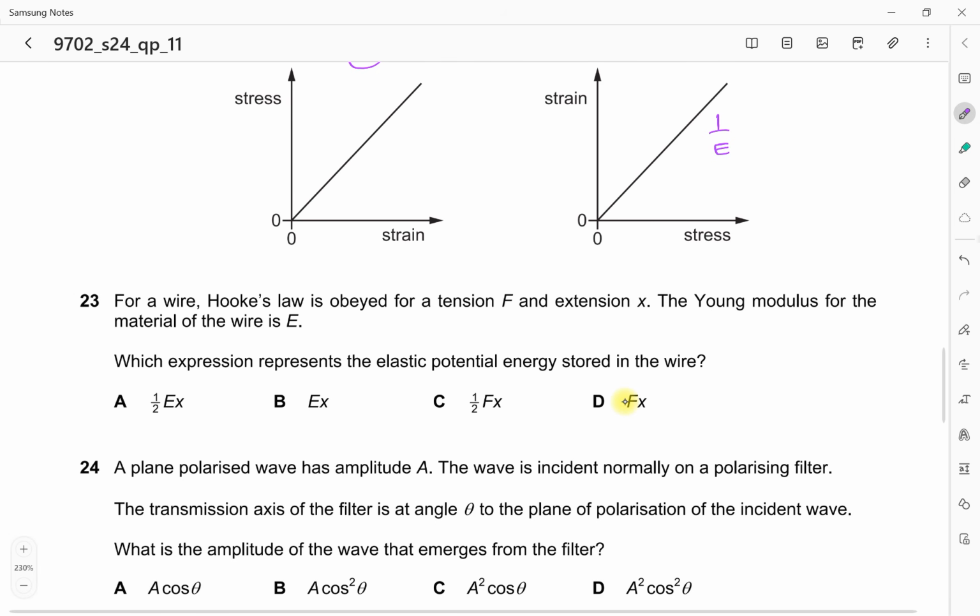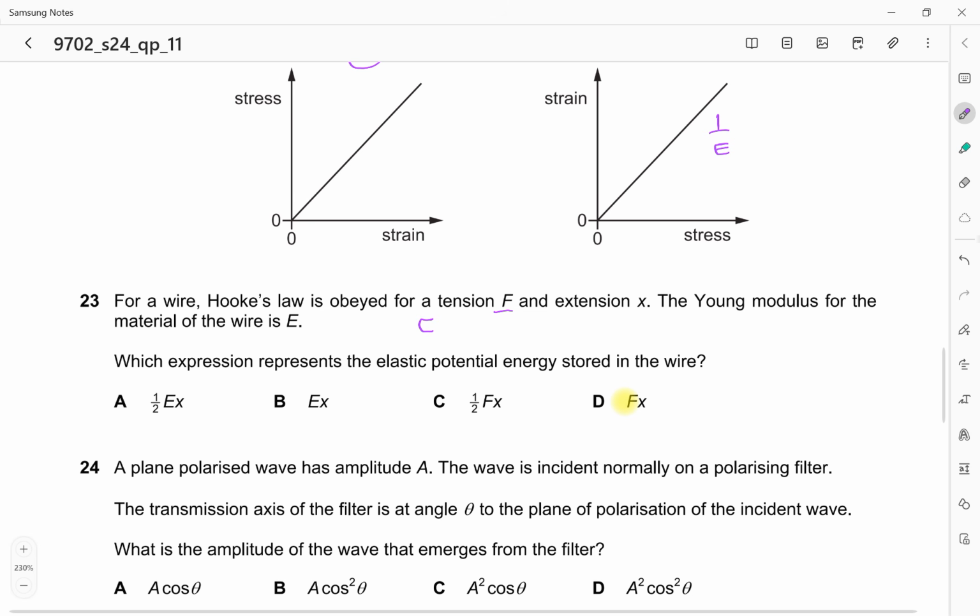For a wire, Hooke's law is obeyed for tension F and extension X. The Young modulus for the material of the wire is E. Which expression represents the elastic potential energy in the wire?